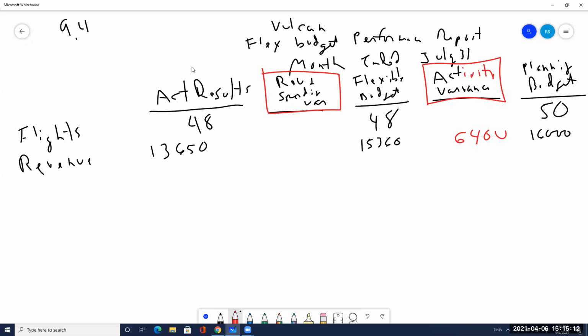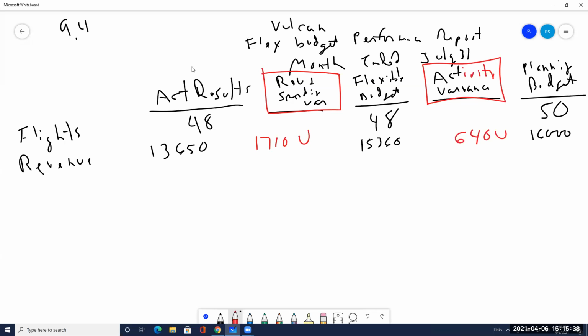So our activity variance, because we didn't do as much as we thought, is unfavorable. And when we flexed the budget and came up with that 15,360, our actual results were only 13,650, which is 1,710, which is also unfavorable.